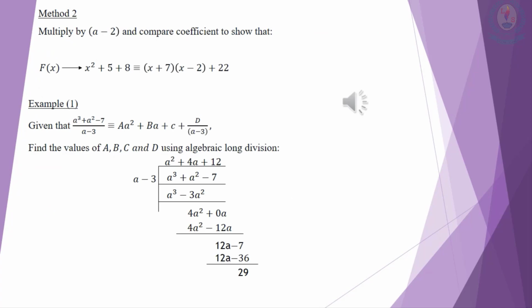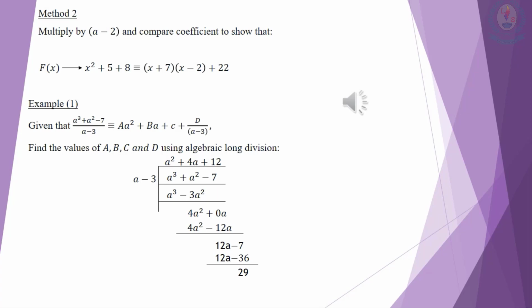Method 2, the continuation of the previous slide: multiply by x minus 2 and compare coefficients to show f(x), x squared plus 5x plus 8, is identically equal to (x plus 7) times (x minus 2) plus 22.